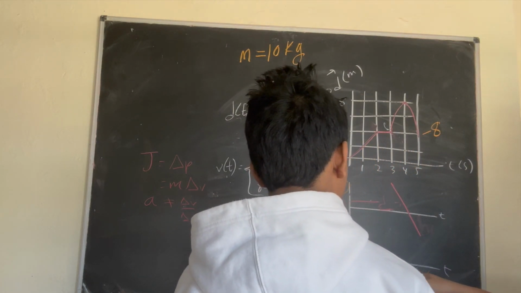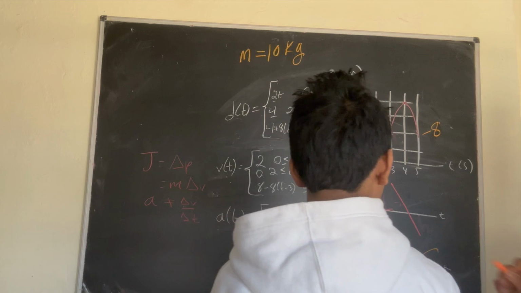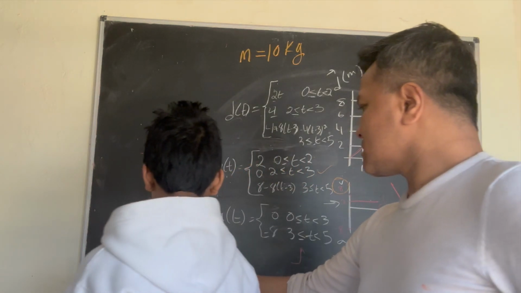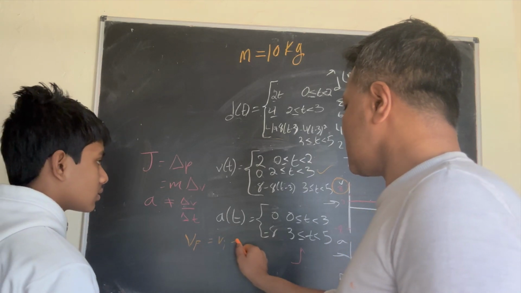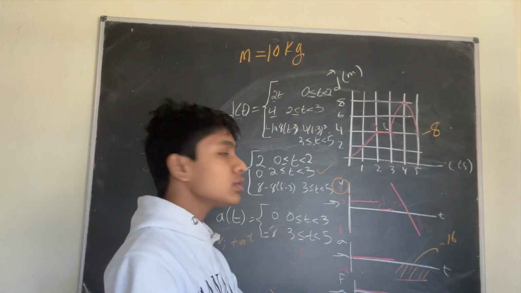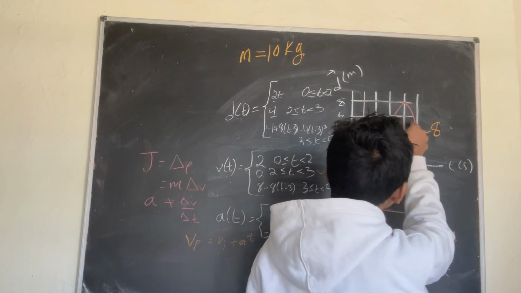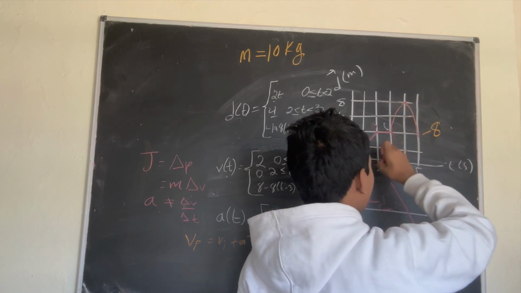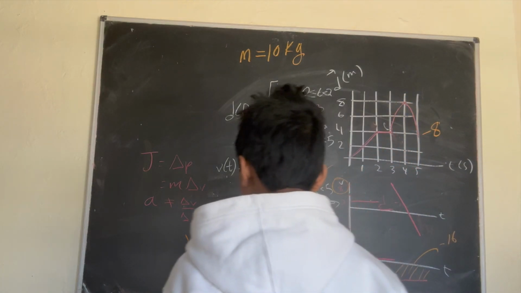Yes. But what is this one area? Well, this area is negative 16. If we use Vf is equal to Vi plus At, it works if you're on this interval in specific, because over this interval it's entirely continuous, and that's physically possible.